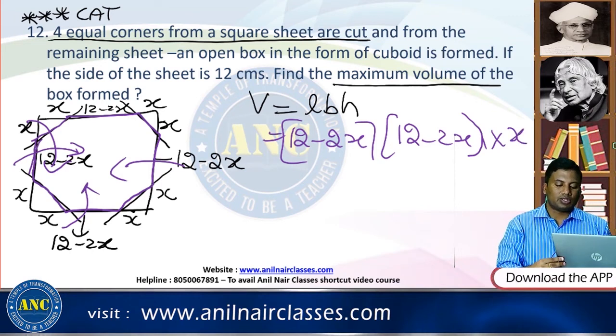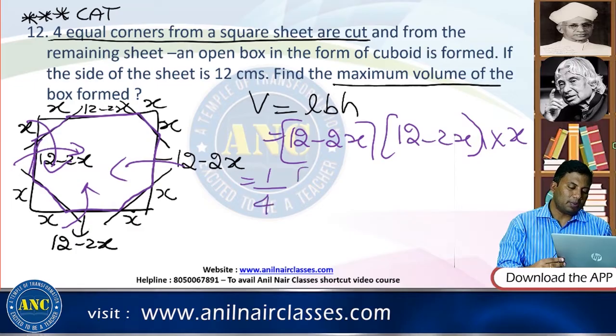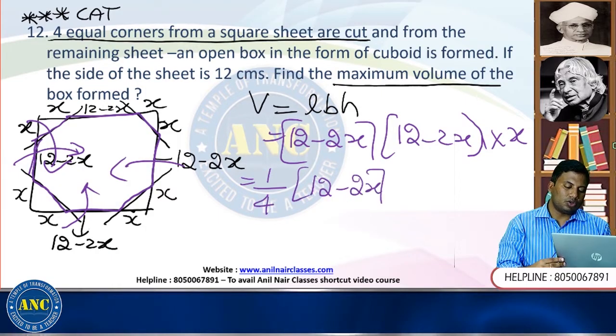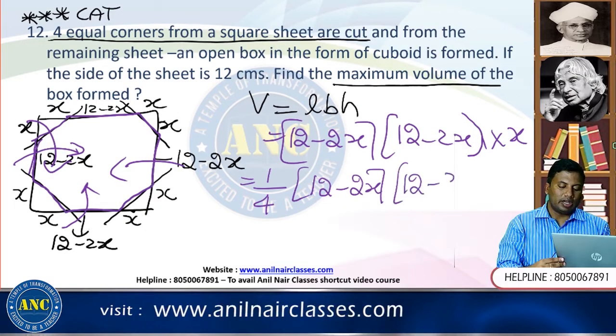The best thing we will do is multiply and divide by 4: 12 minus 2x into 12 minus 2x into 4x.